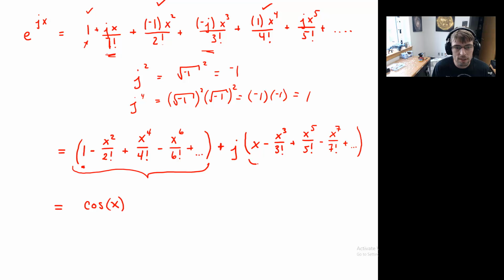And where have you seen this before? Yeah, put the j in there. That is the Taylor expansion of the sine function.